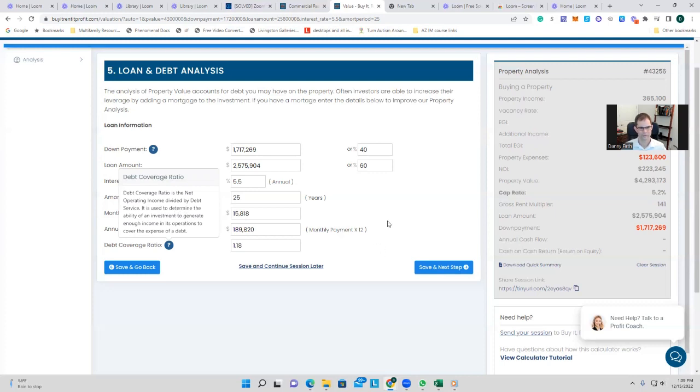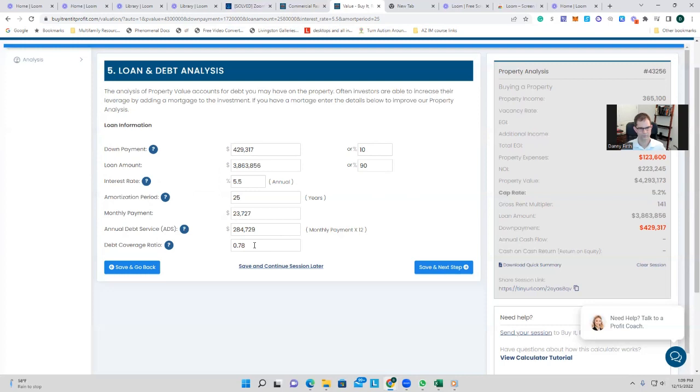And so what you'll see is, if you try to borrow more, say you're only putting 10% down, that debt service coverage ratio is going to drop. And this is seller financing, so it doesn't matter as much.